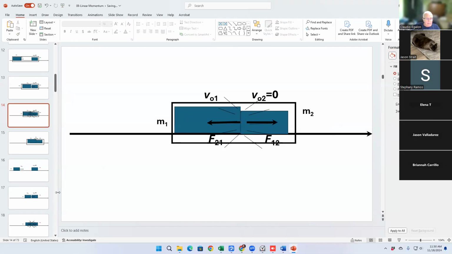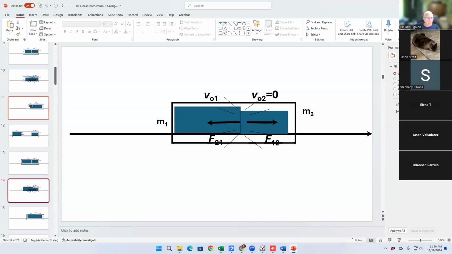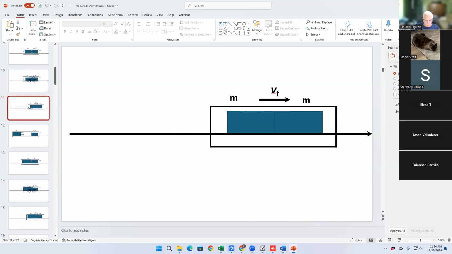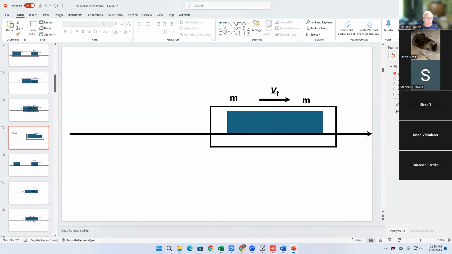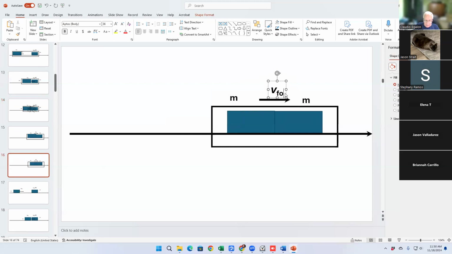And then I want the other one here in reverse. Two objects of the same mass, but they're not moving, they are at rest. Initial velocity is equal to 0.